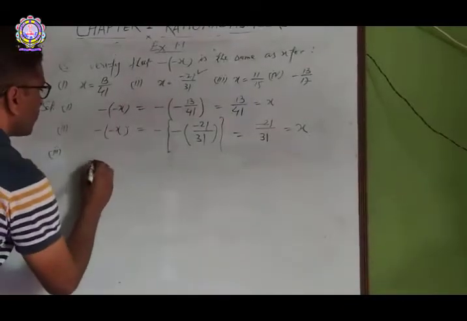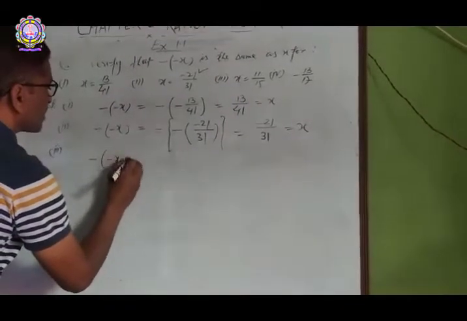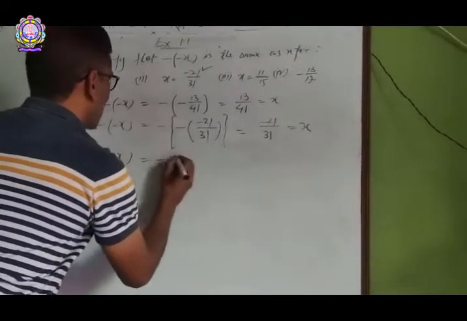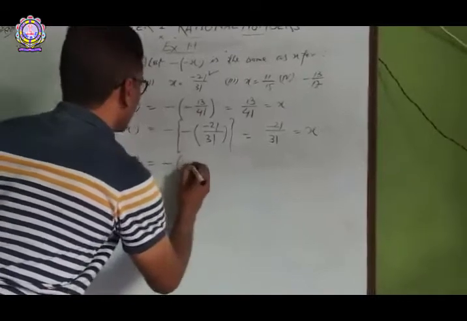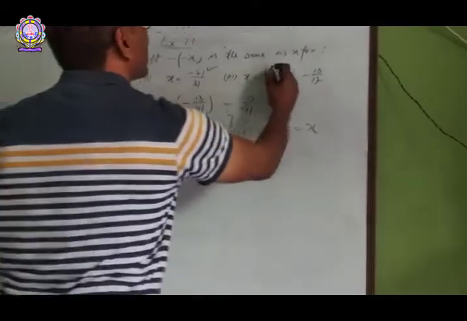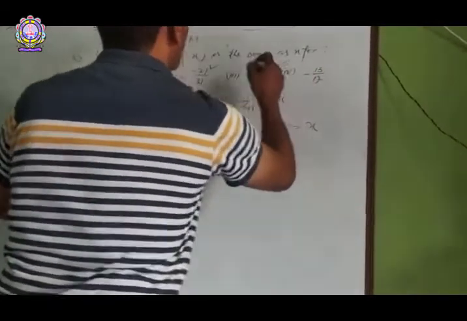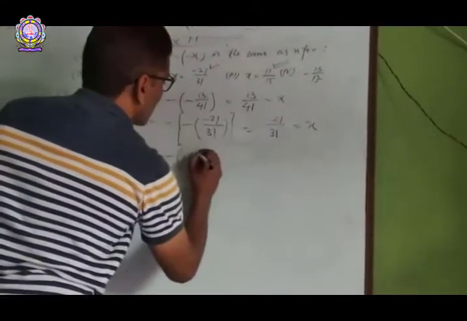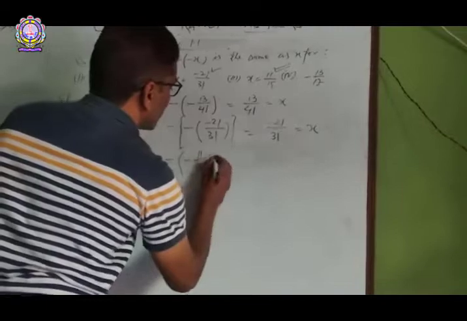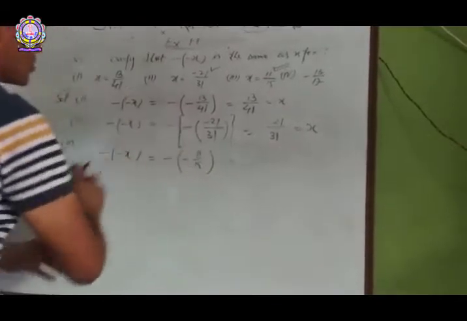We will solve minus of minus x is equal to, put this minus, bracket, this minus and the value of x for question number third. Here value of x is 11 upon 15, and solve this expression.